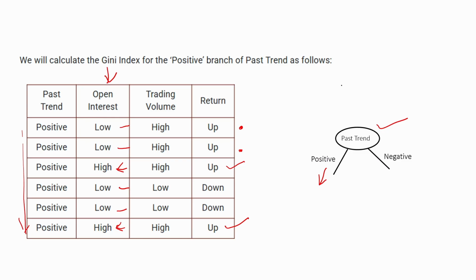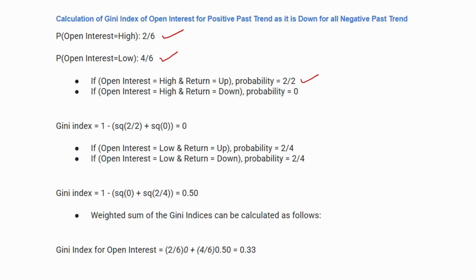We don't have any entry for down for open interest high. So for return up, the probability is 2 by 2, and for down the probability is 0. The Gini index is 1 minus the sum of the squares, which is 1 minus (2 by 2) square minus (0) square, so you are getting the answer as 0.